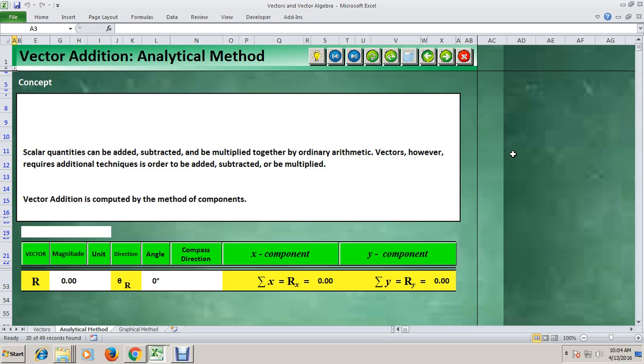If the quantities are simply scalars, we add them, we subtract them, we multiply them together using ordinary arithmetic, such as, for example, when we add 2 kilos of rice with 3 kilos of rice, you end up with 5 kilos of rice. So what we have done in this example is we just simply add them together using ordinary addition. The same goes with subtraction.